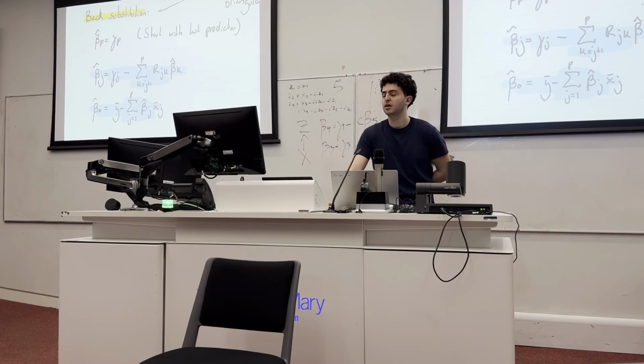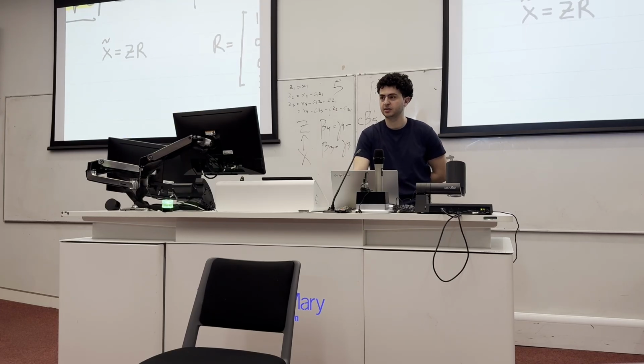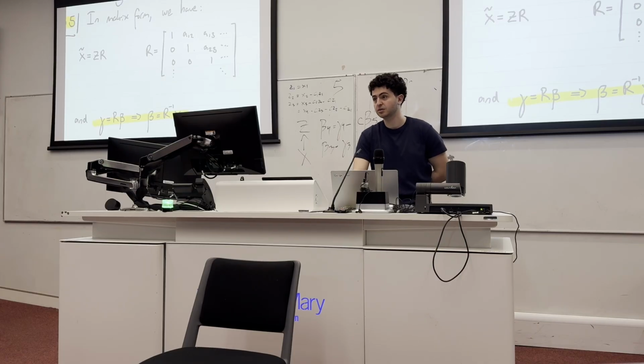The betas are mathematically exactly the same as the OLS solution. The reason is that in reality everything we're doing is just this transformation here, just multiplying by a matrix. The matrix is invertible, so you can retrieve it. But the important thing here is that R is upper triangular.